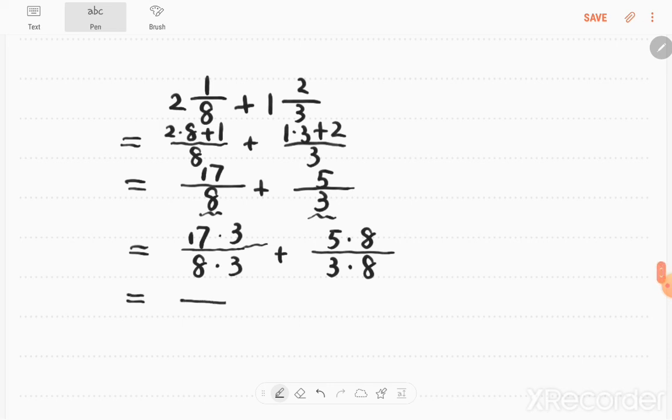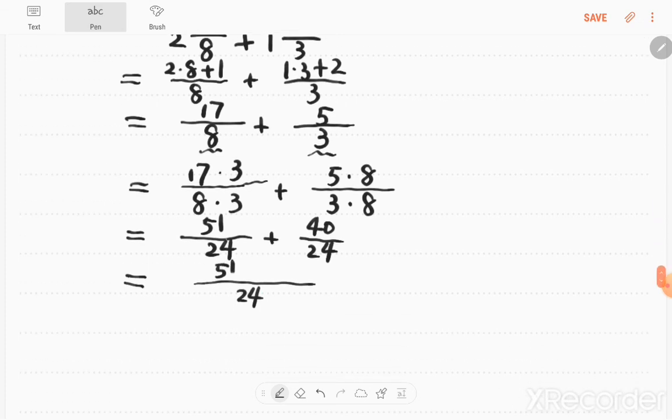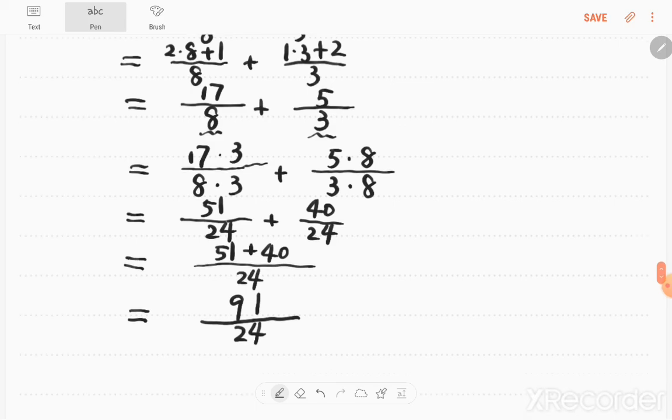So after that, we will have 51 over 24 plus 40 over 24. Now we have the common denominator. We can keep the common denominator. Then 51 plus 40. Okay, finally we can get 91 over 24 as our result.